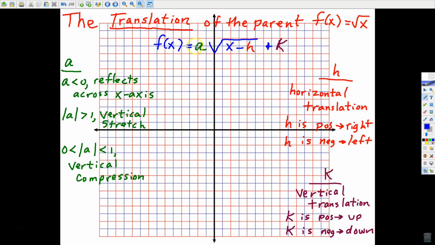These 3 numbers identified with A, H, and K, they mean something very important as we look to translate and transform this parent function. Okay, and it really follows along with what we've talked about previously. Let me just associate it with some review material.